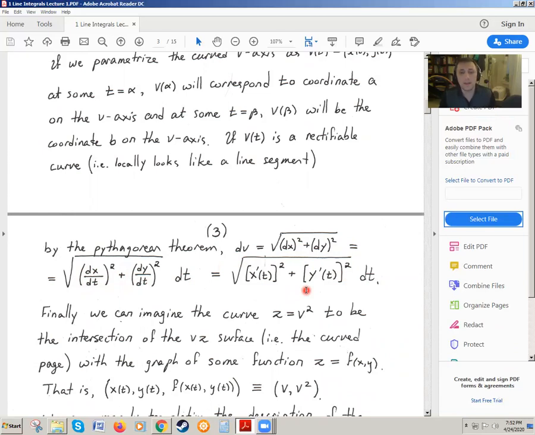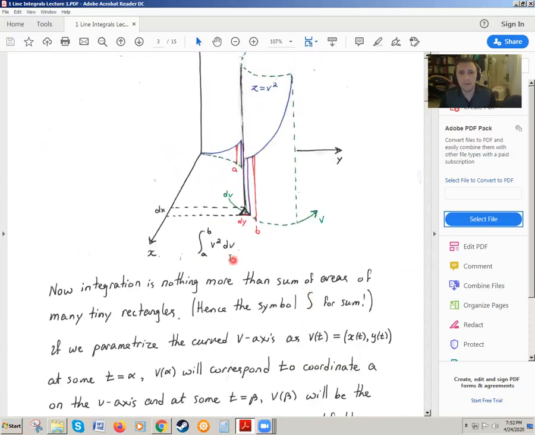Now, the second part. We made sense of how to describe the edges that form the path v. But now the next thing is, how do we understand this blue curve here? How do we understand z equal to v squared?